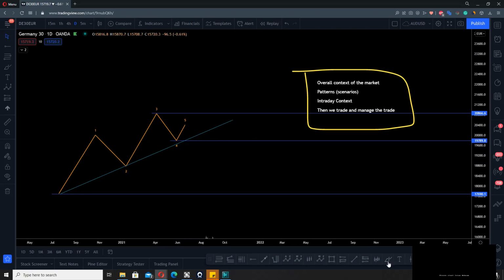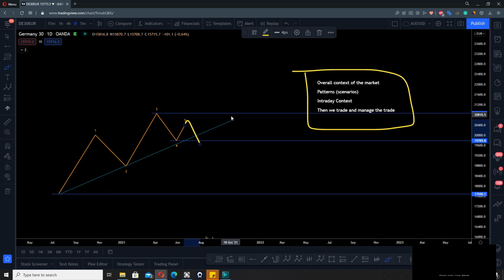Take it in steps, because we can't read the future. You will actually only know when you have a pattern after the fact, when the pattern has created itself and has broken this top. Then you know with certainty that this pattern is validated. But you want to find and position yourself earlier so you have good risk reward opportunities. This is why you need to take it in steps.